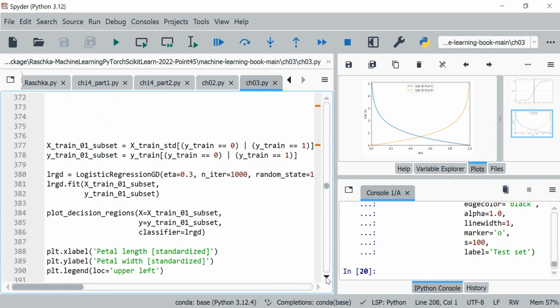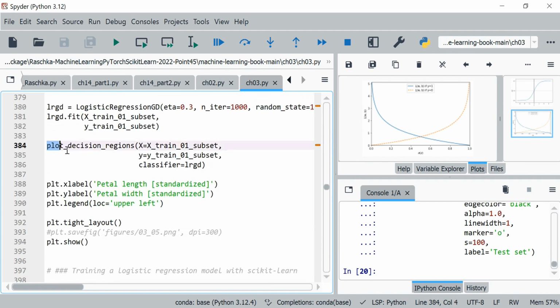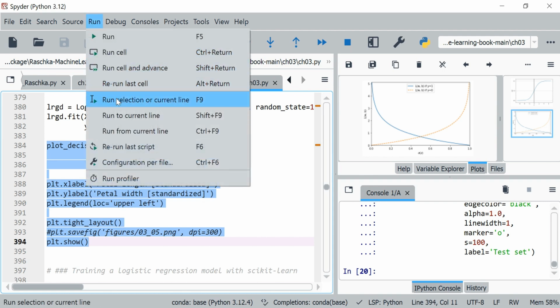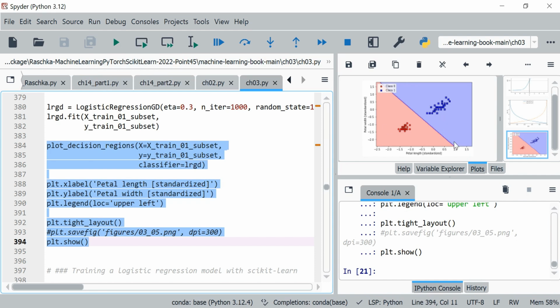So we just run this successfully, then come back to the logistic code. So we could plot the decision regions of the train subset, then classify with this logistic regression we have shown. So this is the decision region from this map with the red area, blue area, and these points as observed points for the two classes.